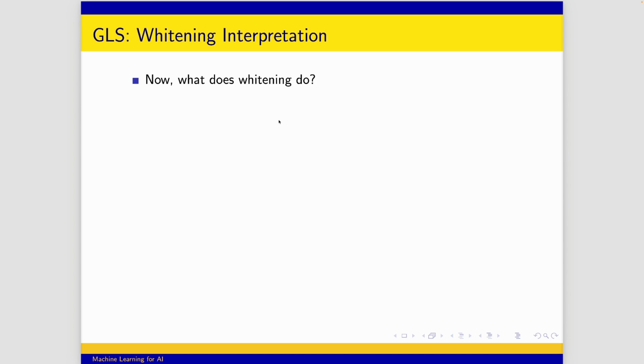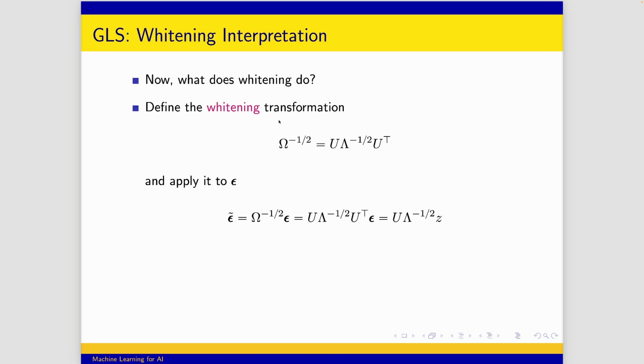Okay. Now let's see what the whitening does using this eigenbasis. So we're going to transform using a transformation. Before, I said that we can use any square root of omega. So any square root is any matrix A that satisfies this.